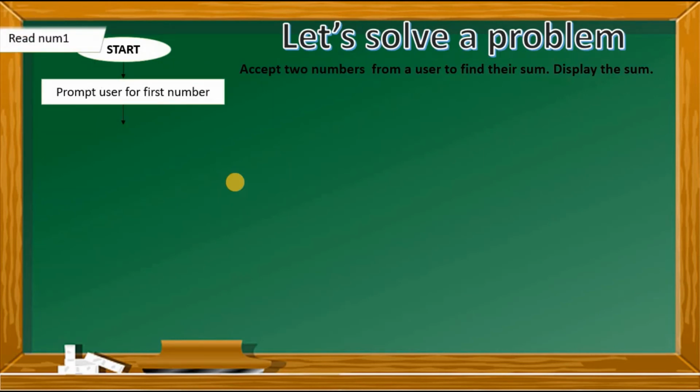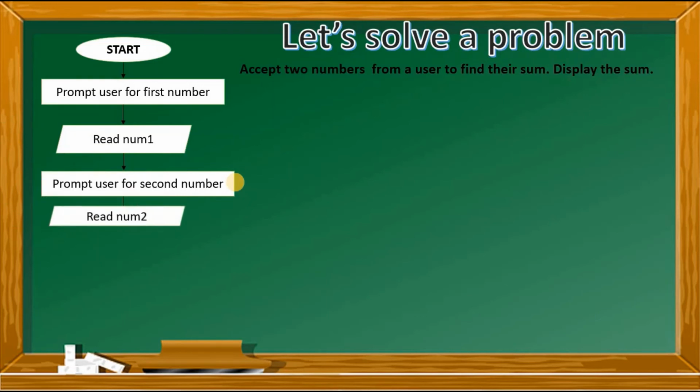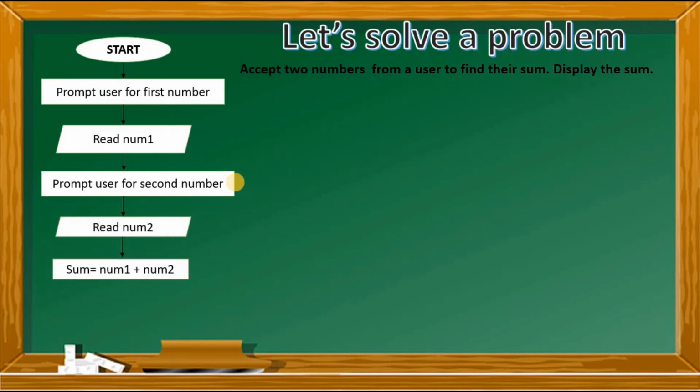user would then enter the first number. Once they enter the first number, we give them a next message to ask them to enter the second number, and again we would read the second number that they entered. From here, we would proceed to calculate the sum of these 2 numbers, because we did not ask for a third number, we only asked for 2 numbers.